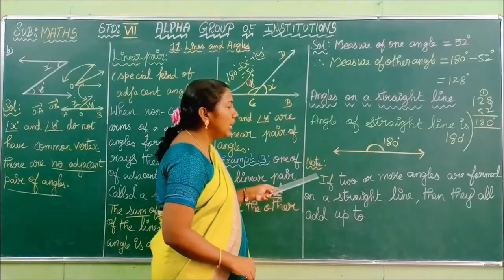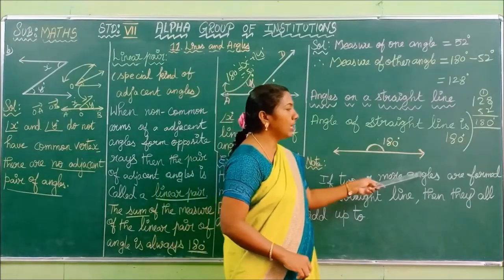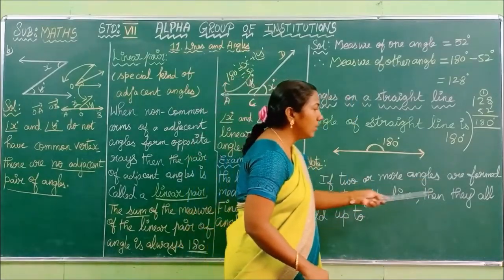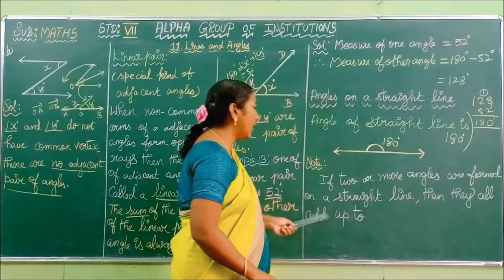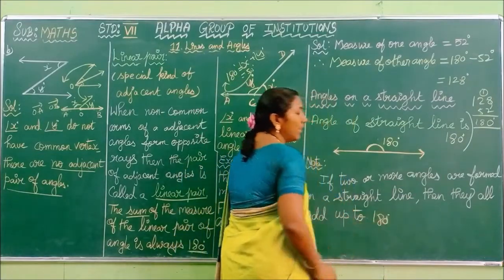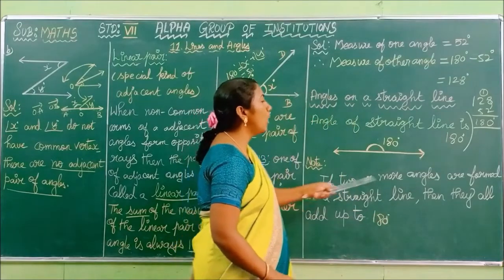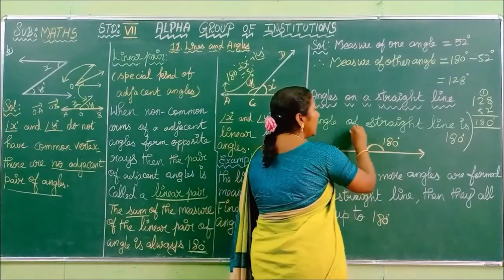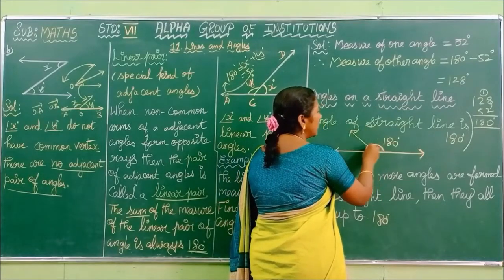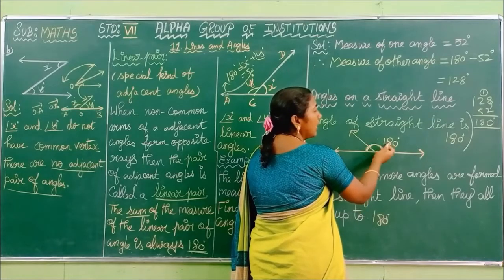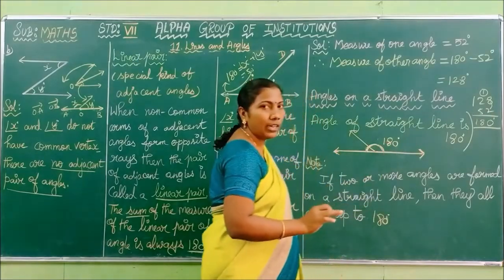See the note. If two or more angles are formed on a straight line, then they all add up to what? 180 degrees. It means, what they are saying is, if two or more angles are formed on a straight line, this is one straight line. If two angles, suppose this is one angle, this is one angle, if you add these two angles, they give the sum 180 degrees.